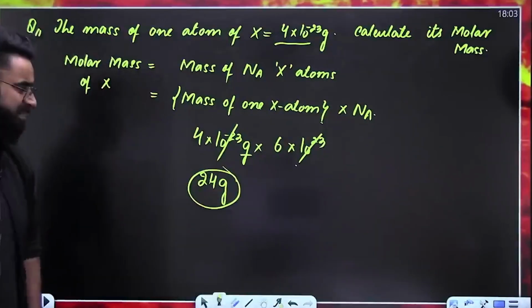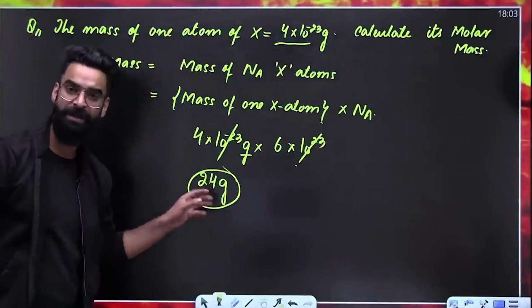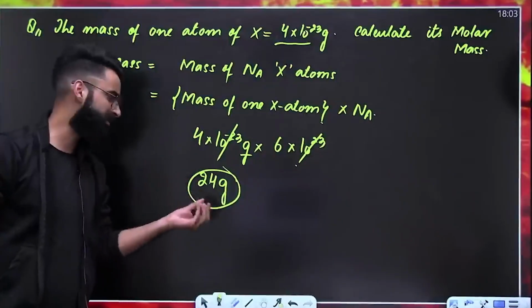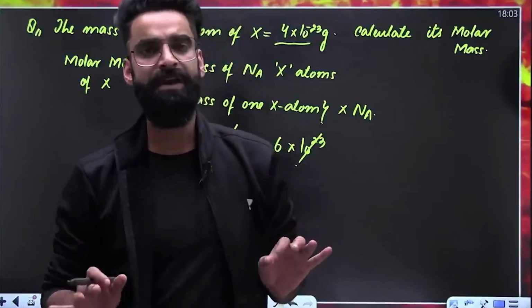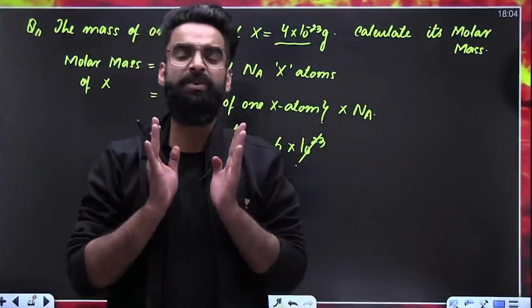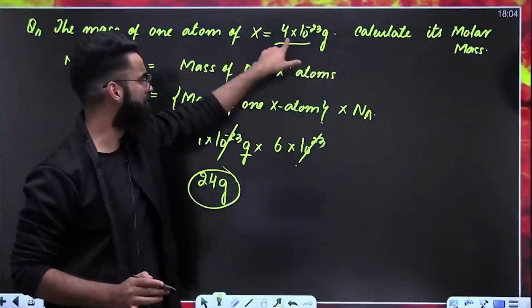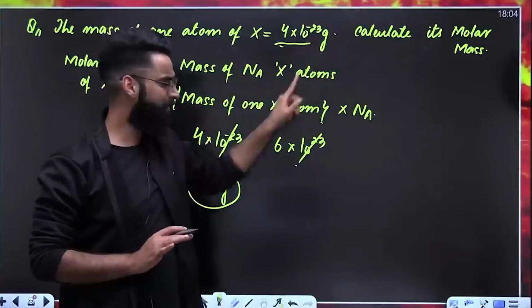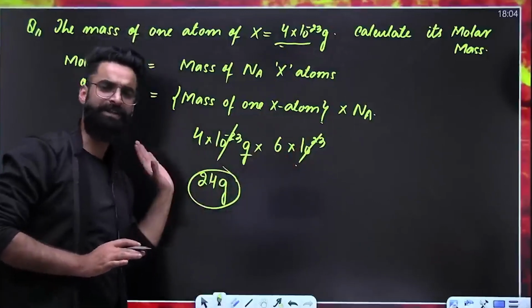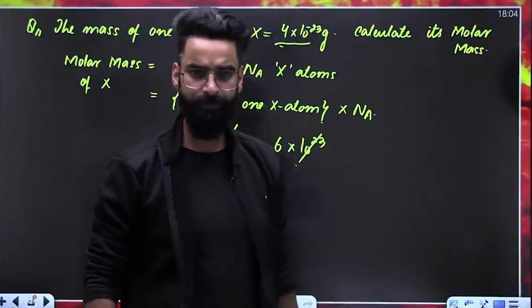So, this 24 grams is basically the molar mass of X. This is the mass of 1 mole of X. In short, from now onwards, if you will be given with the mass of one atom of element, just multiply the mass of one atom of element by the Avogadro's number. You'll be getting the molar mass. And molar mass, it's expressed in grams, you know it. Yeah? Perfectly done?